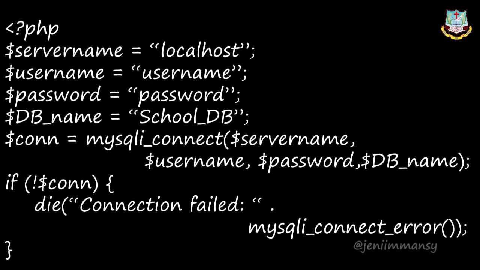Here we have the code. First the PHP opening tag is given, and then the server name is localhost, then username, password, and the database name is schooldb. These 4 parameters we are going to use to connect. We give a name $conn, that is connect: $conn = mysql_connect.